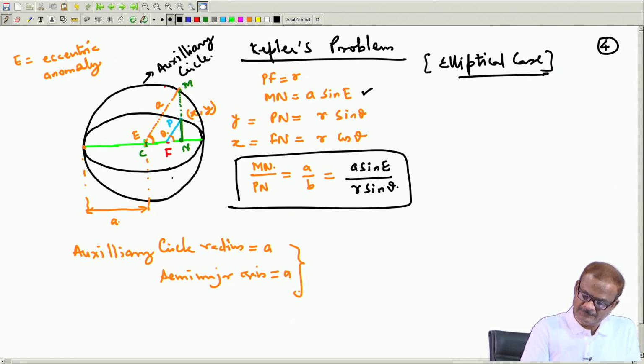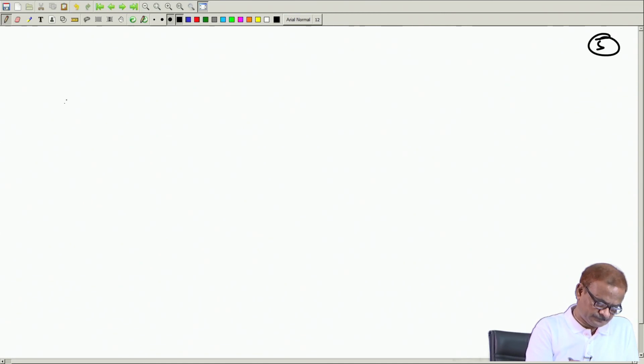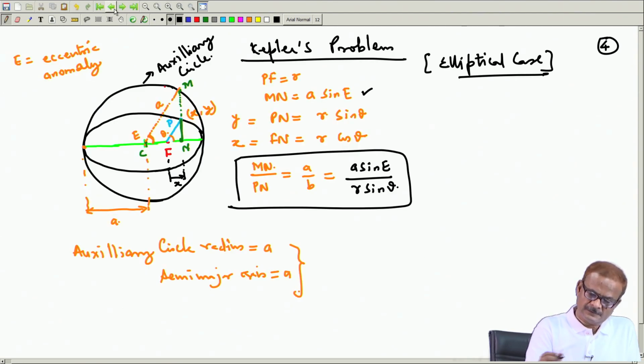The distance FN, this is your coordinate from here to here, you are writing as x, from F to this point, and x equal to r cos theta, as we have written earlier. This will be equal to A cos E minus A e. A cos E is what distance?